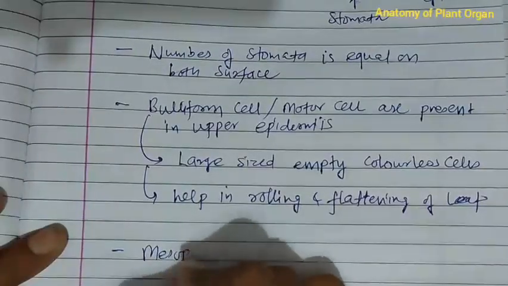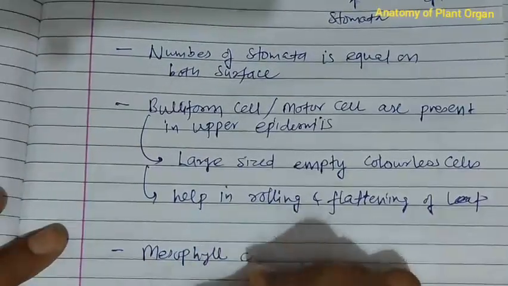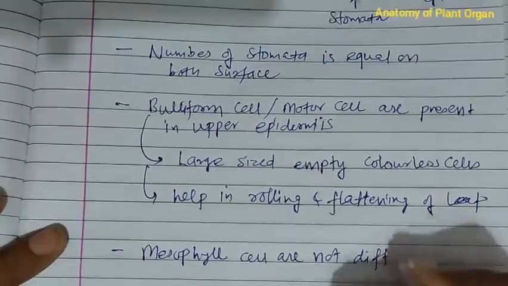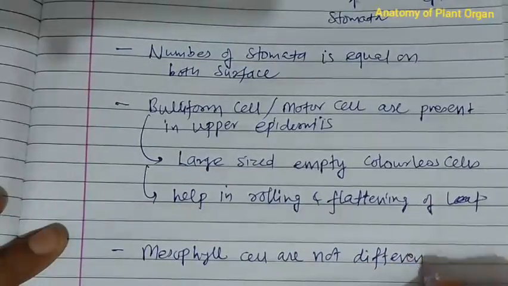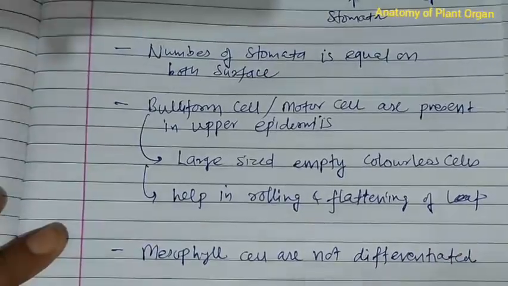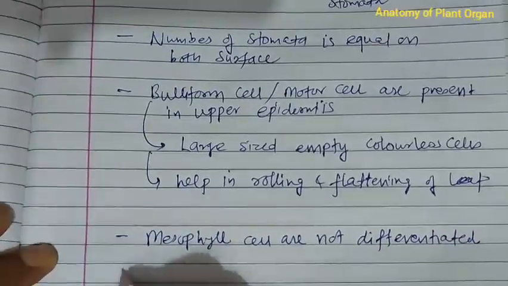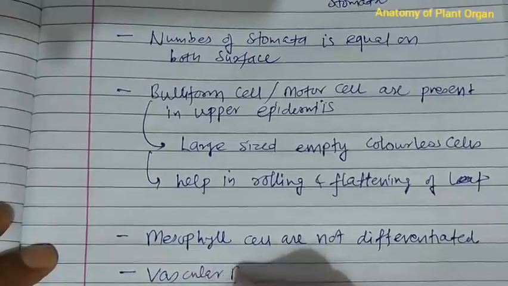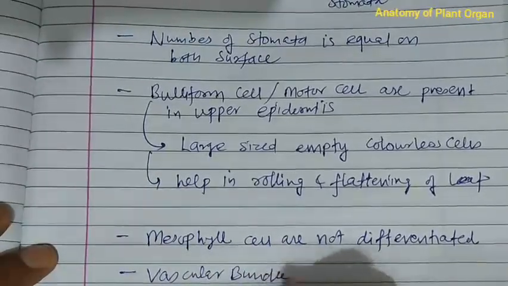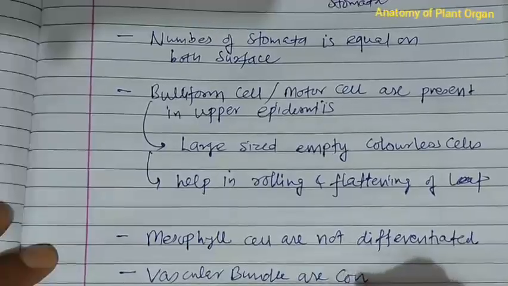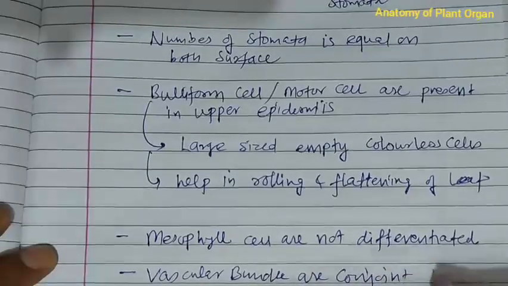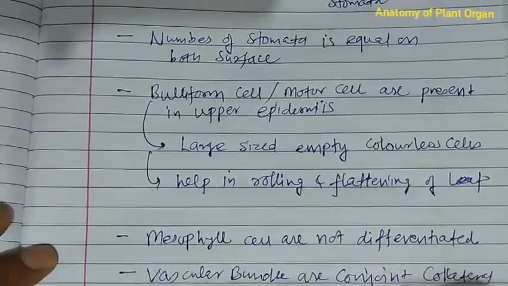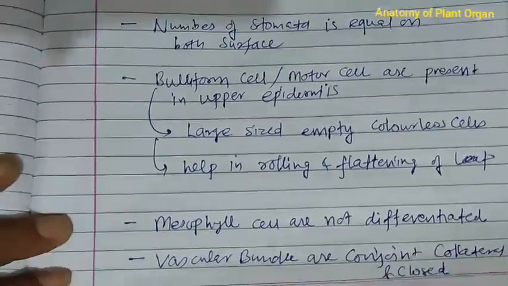Next, mesophyll cells are not differentiated, and vascular bundles are conjoint, collateral and closed.